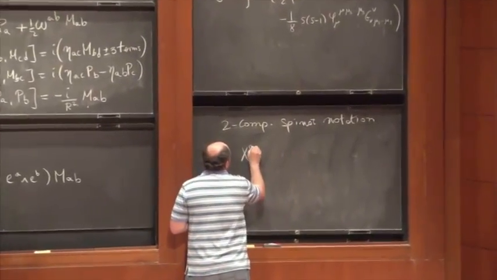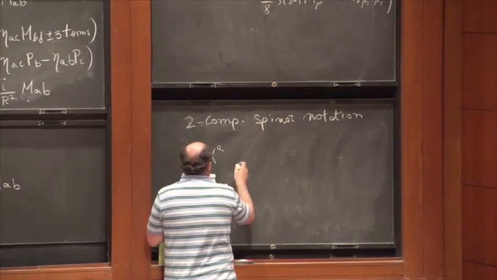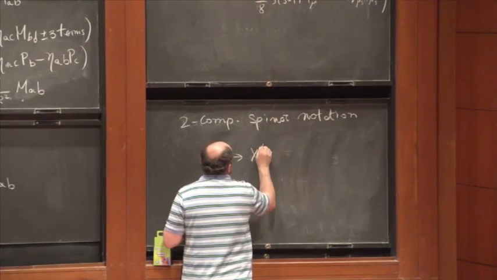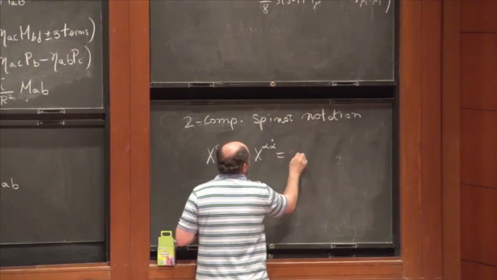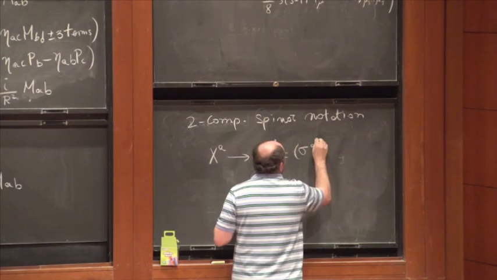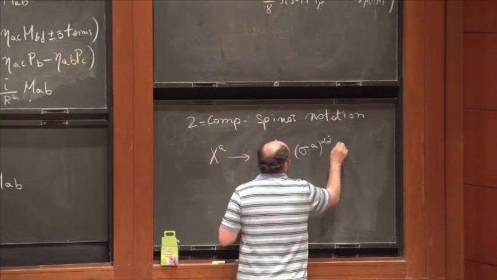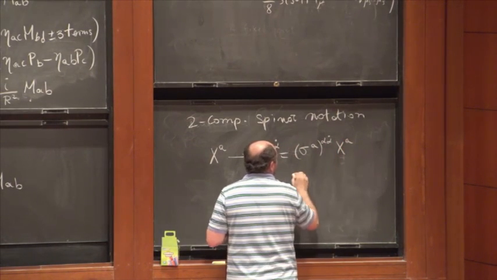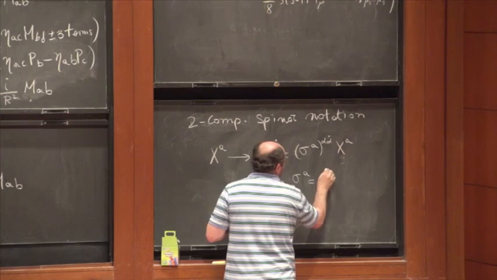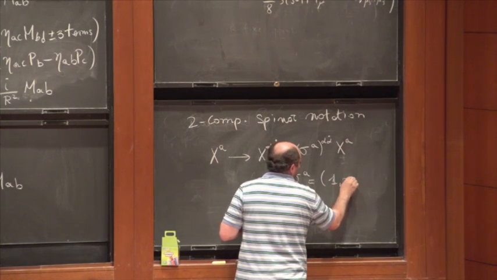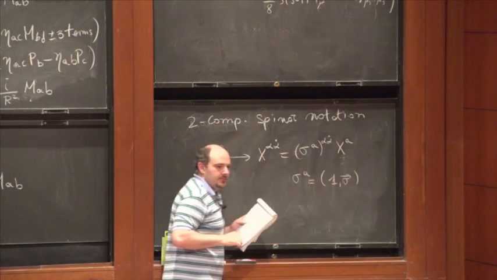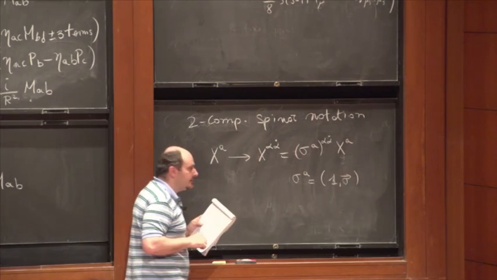So for example, X_A we can convert to X_{alpha alpha dot} by using the Pauli matrices, where sigma_0 is 1 and sigma vector are just the usual Pauli matrices.